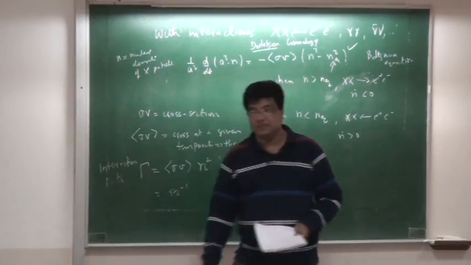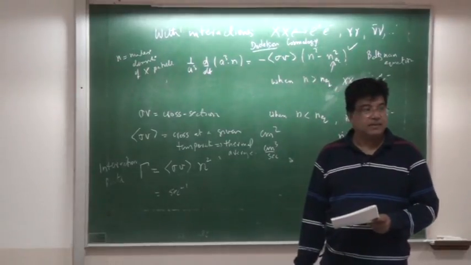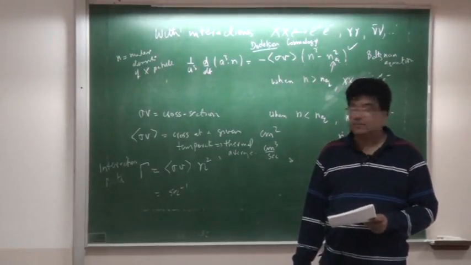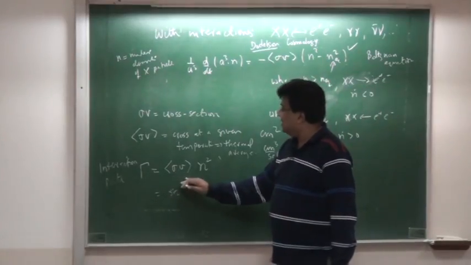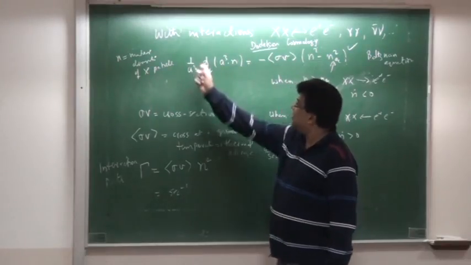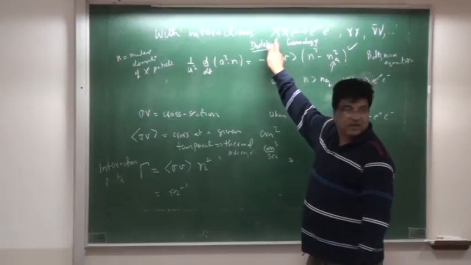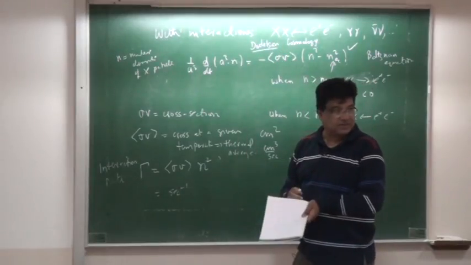Second inverse. Could you please repeat how you have written the interaction rate? The interaction rate is defined as the number density of the initial particles squared times the cross section of their interaction.